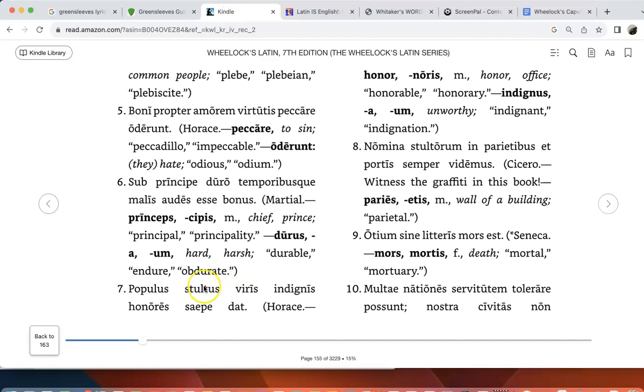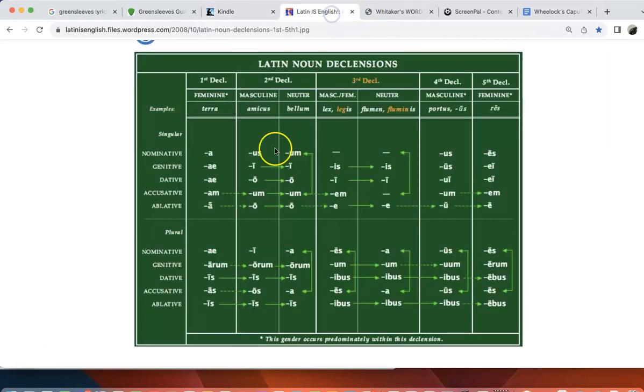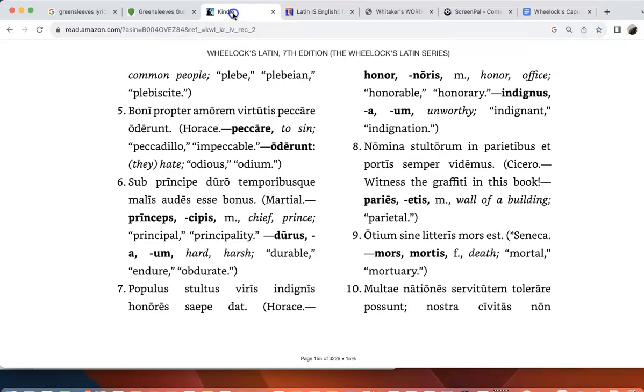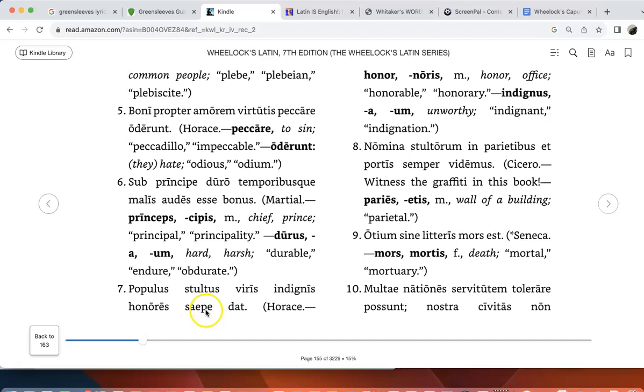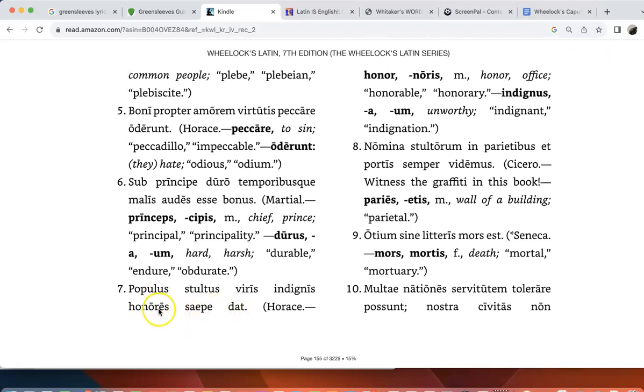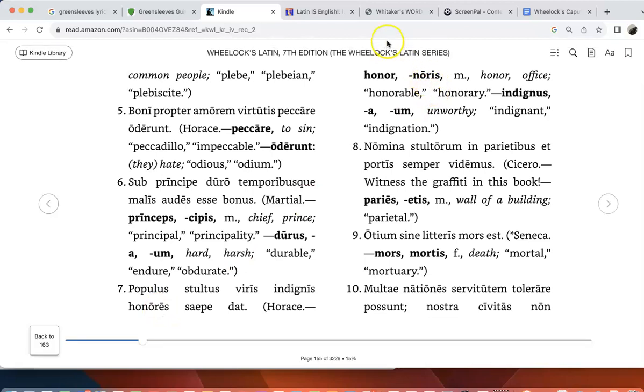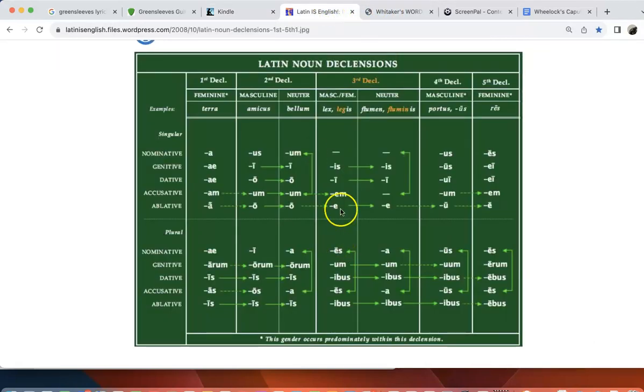Let's take a look at this right here. So stupid people, stultus populus. So here is our us. So that's our subject. And then we had this in chapter 1, saepe dat, often give, and then give what? Give honors. So this is a third declension noun. So we go to our declension here.